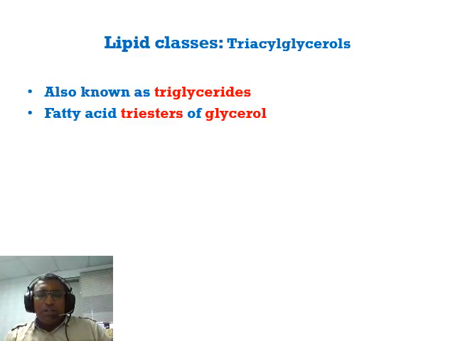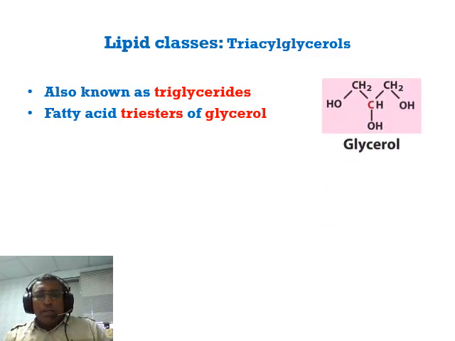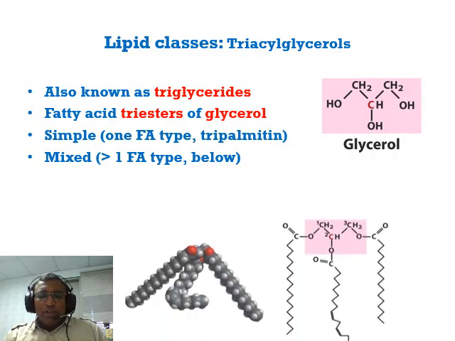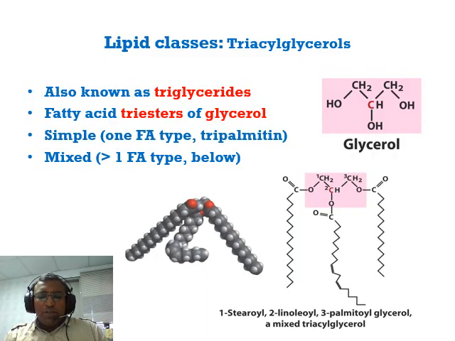It has three OH groups, and that's where the connection will happen to either the same type of fatty acid or different types of fatty acids. So it's mixed. An example given is stearic acid, linoleic acid, as well as palmitic acid connected to this mixed triacylglyceride.